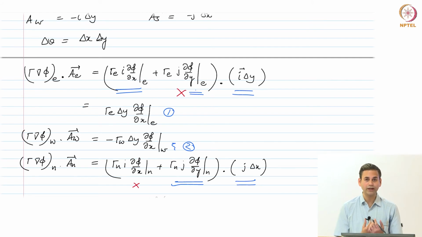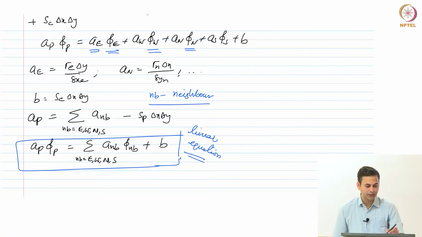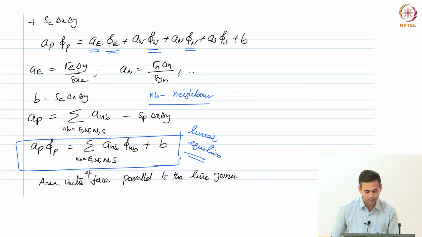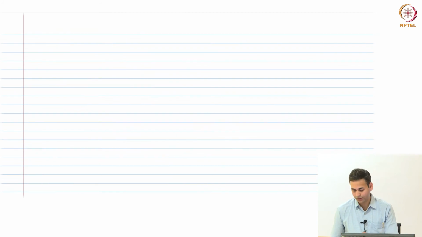That means your area vector is aligned with one of the coordinate directions. That means the line joining the cell centroids is aligned with the area vector. Or in other terms, the area vector of the face is parallel to the line joining cell centroids.